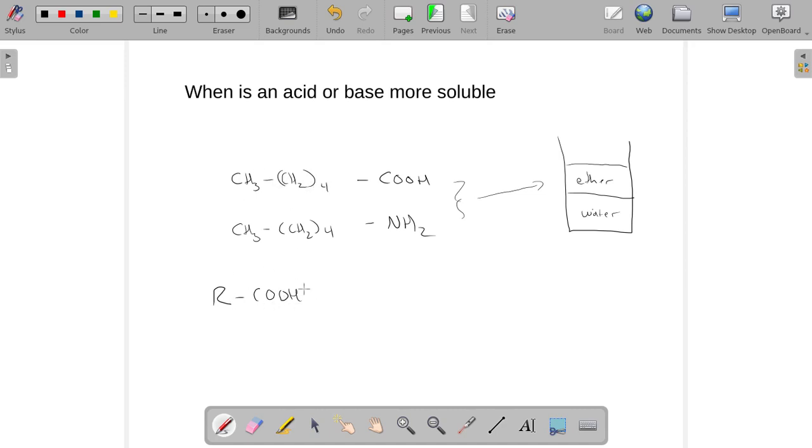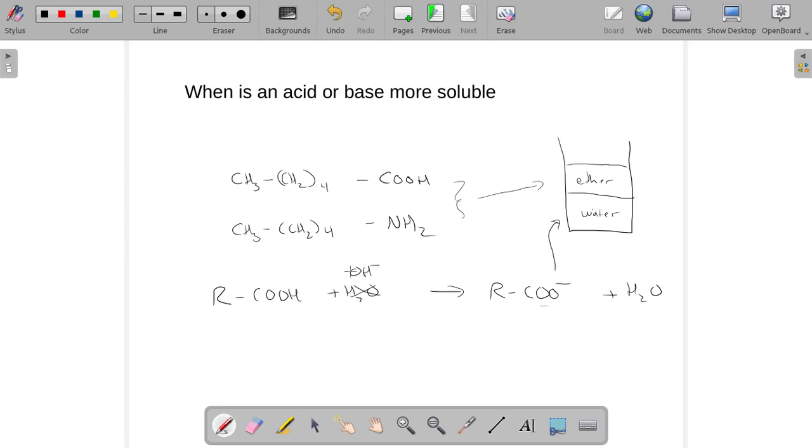Well, if I take that carboxylic acid and put it into some water, or more importantly, into a base, I can neutralize this acid. And this becomes RCOO minus with some water. And the COO minus one would be more soluble in water.